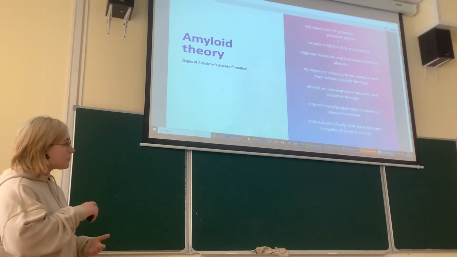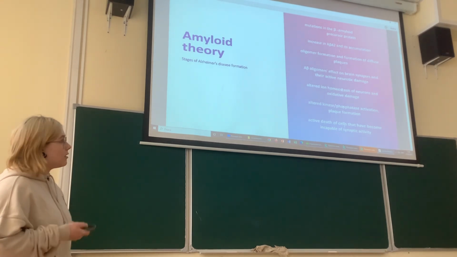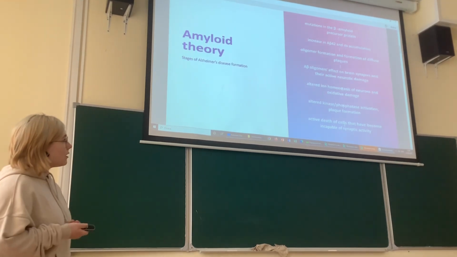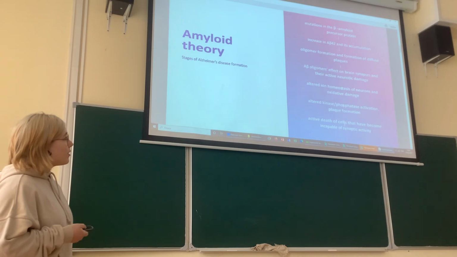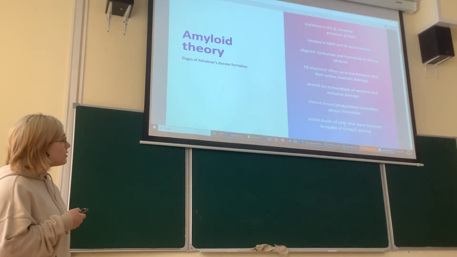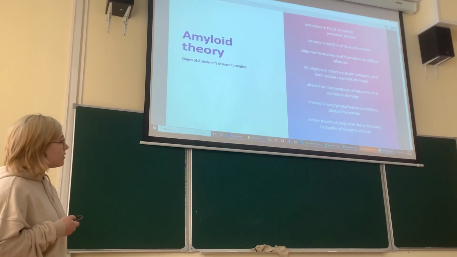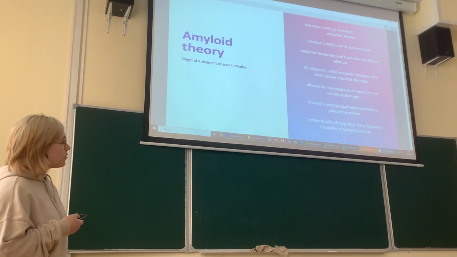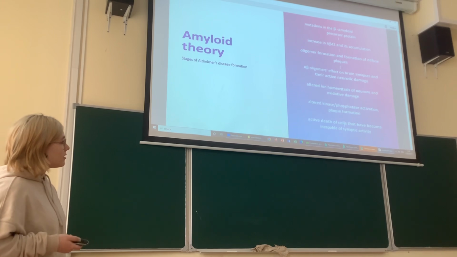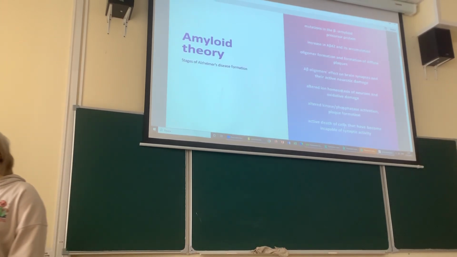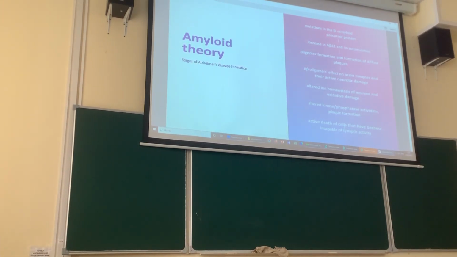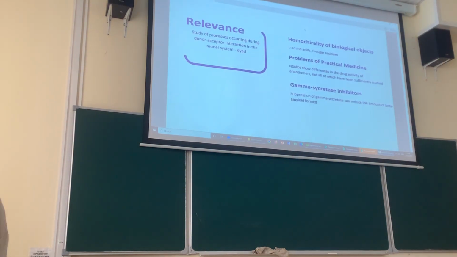These plaques can cause real damage to the brain cell and its synapses, with oxidative damage and activation of altered kinase and phosphatase, which can cause death of neurons and death of the human.